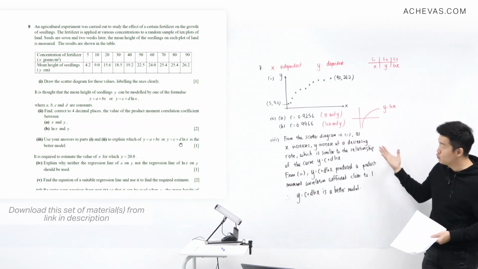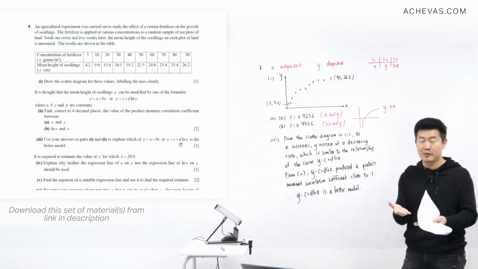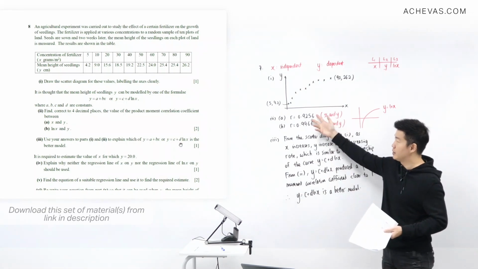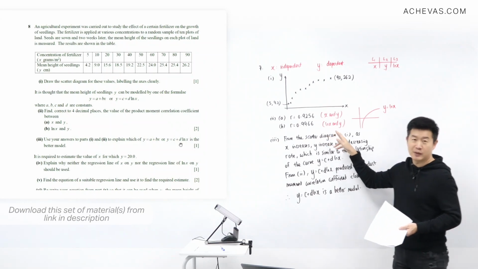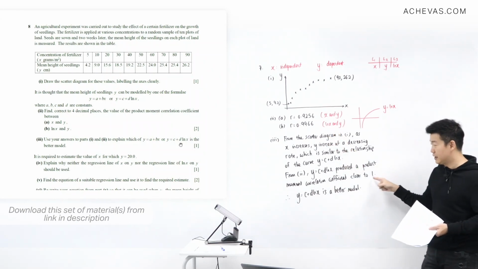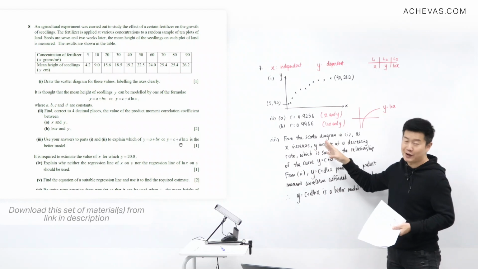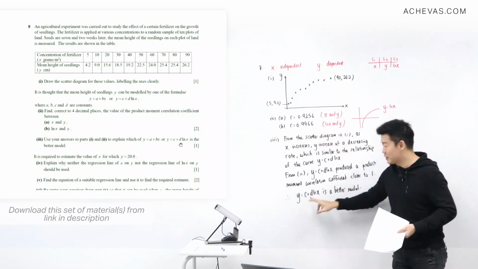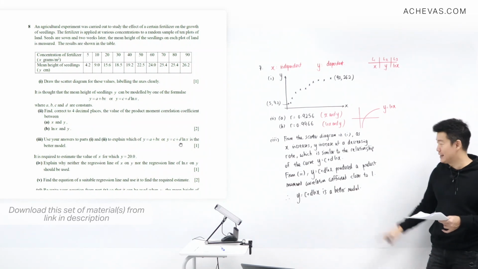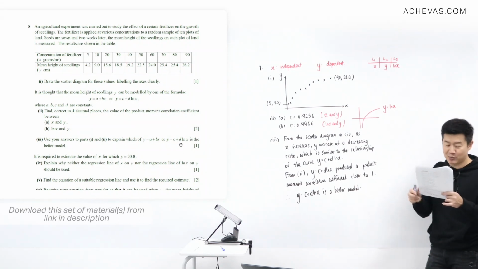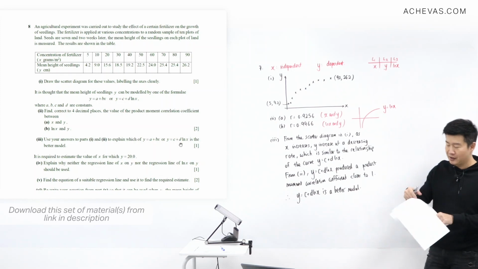And from part two it is pretty obvious, because numerically, the product moment correlation coefficient for part B, which represents this model, is the one closer to 1. Since both tell me this is a better model, y is equal to c plus d ln x is the better model that we are going to choose.